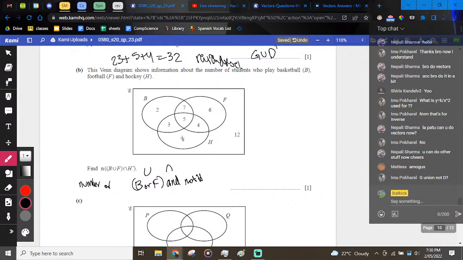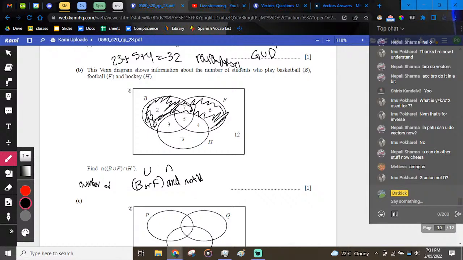Let's do B or F first. B or F, and anything that, see, we have B and F, these regions, and anything that intersects with not H. It's going to be this bit, this bit, because it's not H and it's B or F. Ta-da.